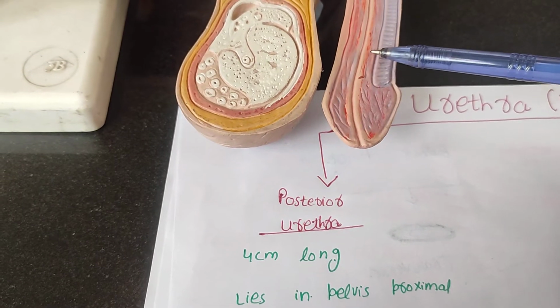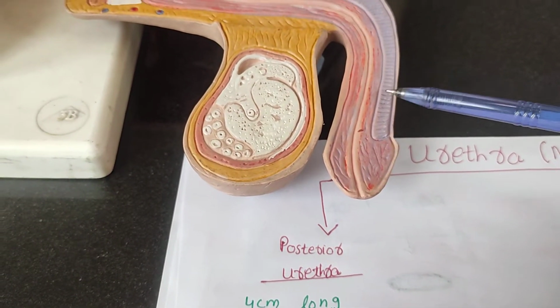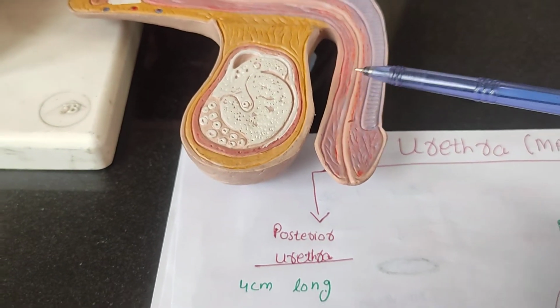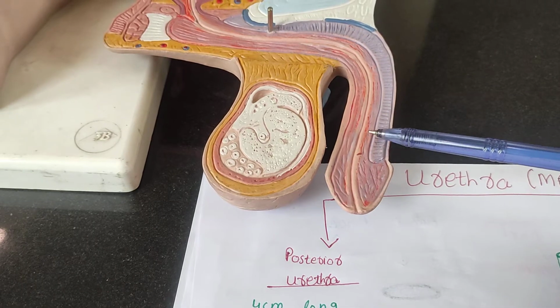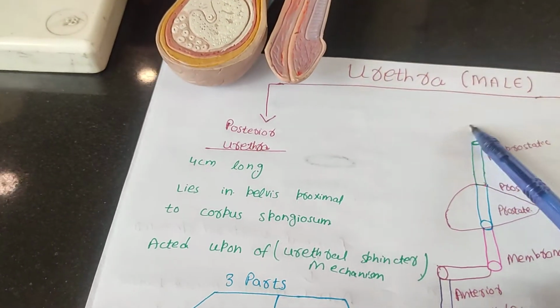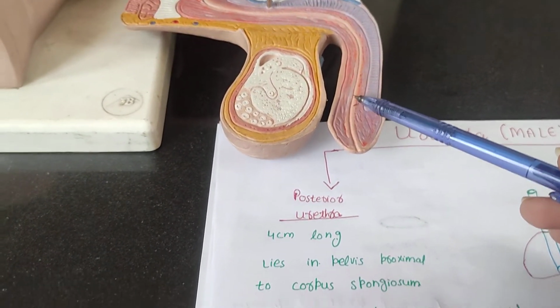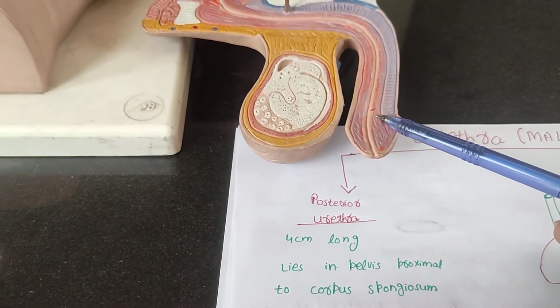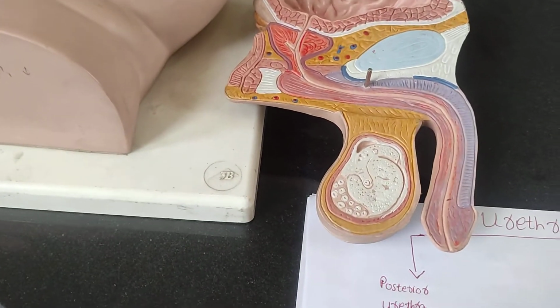After the bulbospongiosus, we have the corpus spongiosum, and then we have the corpus cavernosum, this blue one. So the penis is surrounded by the bulbospongiosus, corpus spongiosum, and corpus cavernosum. Now this posterior urethra is lying proximal to the corpus spongiosum, not in the corpus spongiosum.